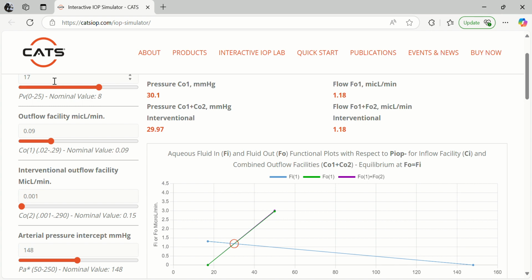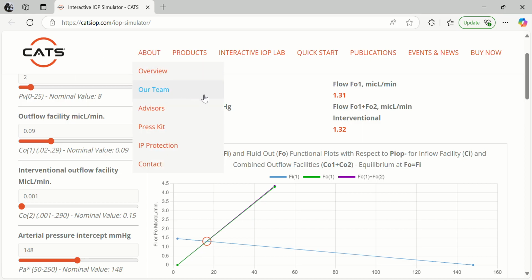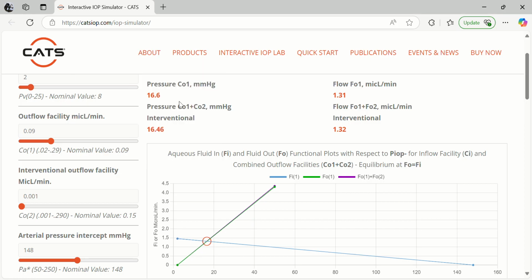Conversely, say there was a drug process which actually reduced the episcleral venous pressure, we can actually reduce this down as well to something which is minimal, and we can see how it reduces the intraocular pressure significantly. Let's put it back to something that's nominal, back here to about 8.